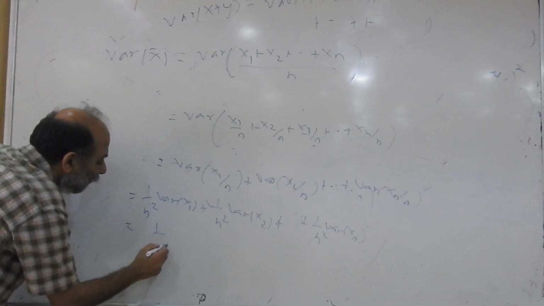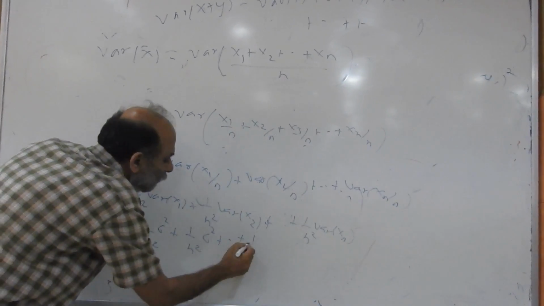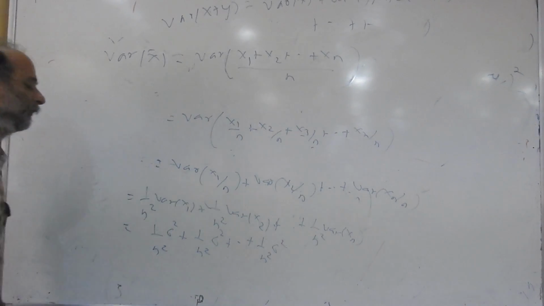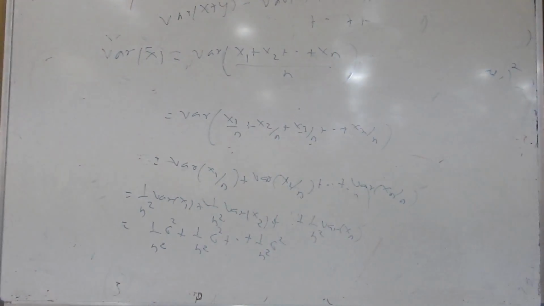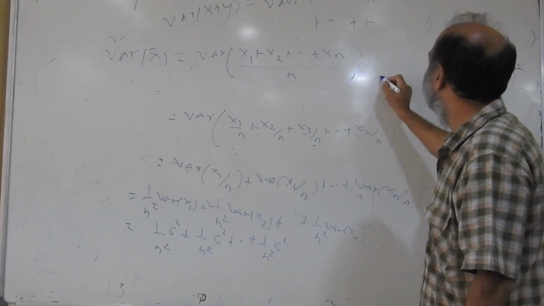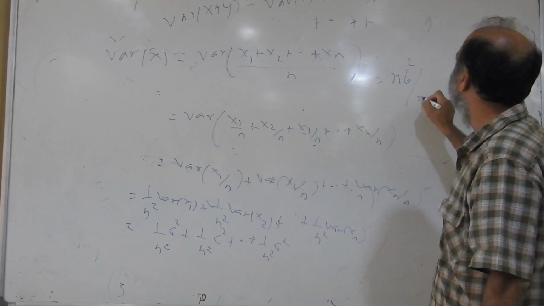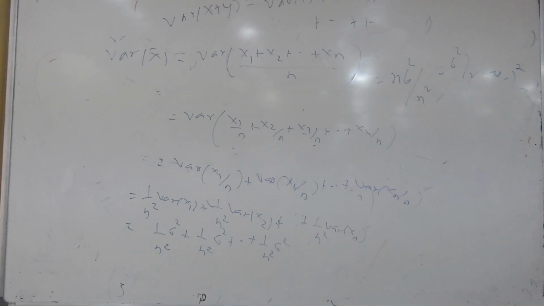So this will be 1 upon n square sigma square plus 1 upon n square sigma square plus 1 upon n square sigma square. How many times am I adding this up? N times. So I get n sigma square upon n squared.